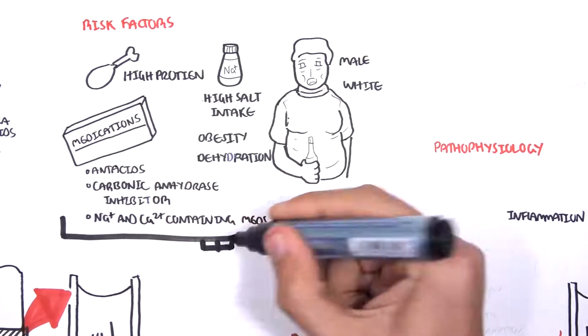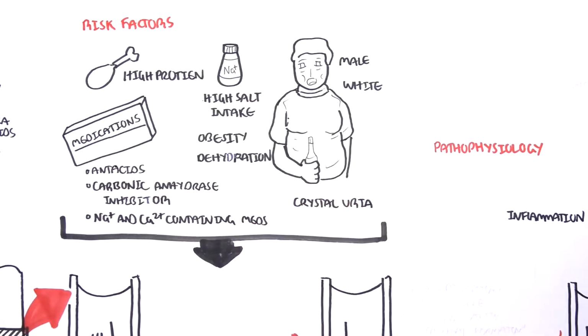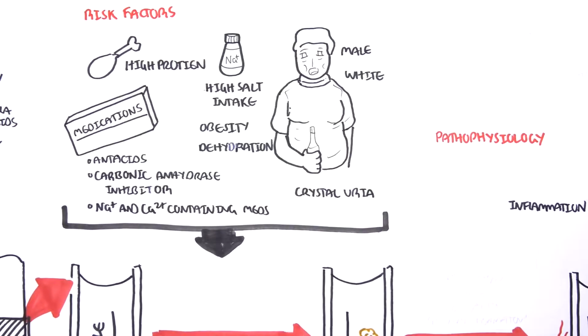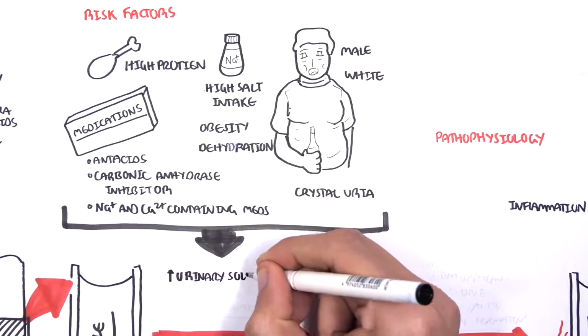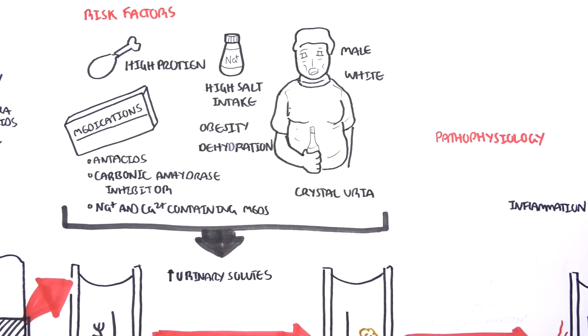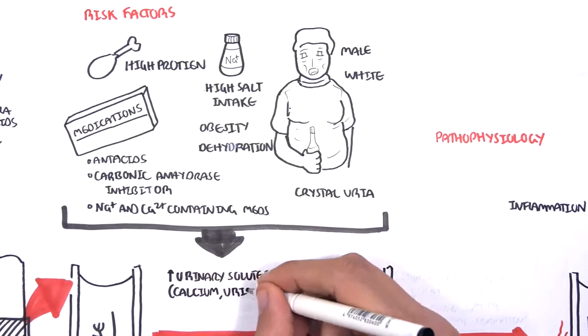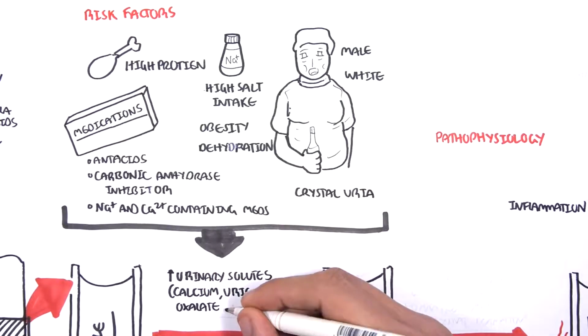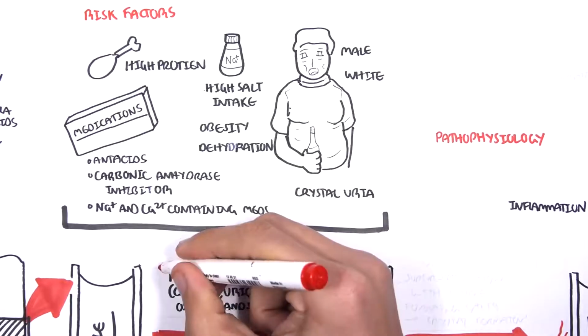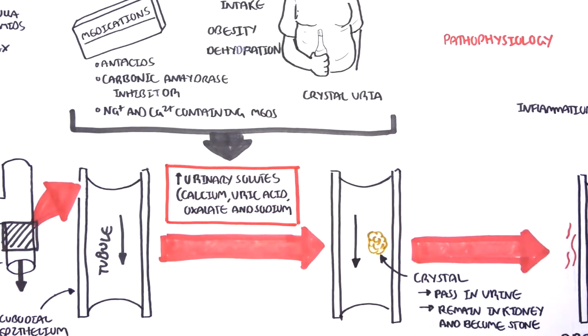These risk factors will lead to a number of things. First, some of these risk factors will increase urinary solute concentration, including concentrations of calcium, uric acid, calcium oxalate and sodium.